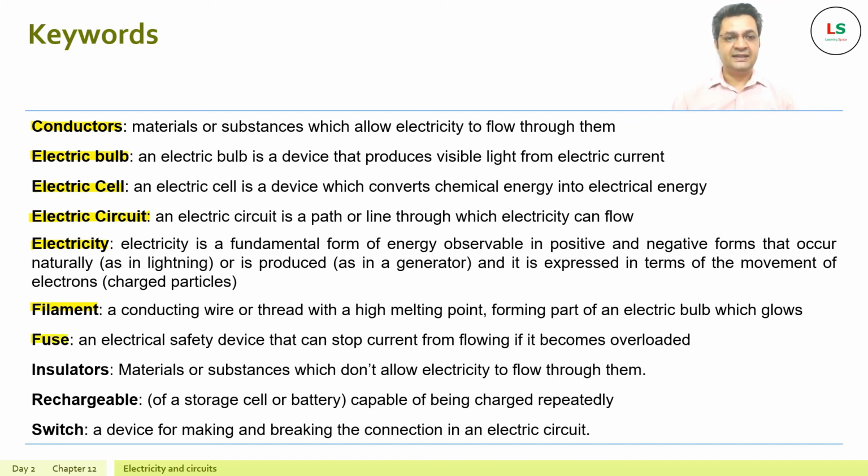Fuse. An electrical safety device that can stop current from flowing if it becomes overloaded. Insulators. Materials or substances which do not allow electricity to flow through them. Rechargeable. Of a storage cell or battery capable of being charged repeatedly. Switch. A device for making and breaking the connection in an electric circuit.